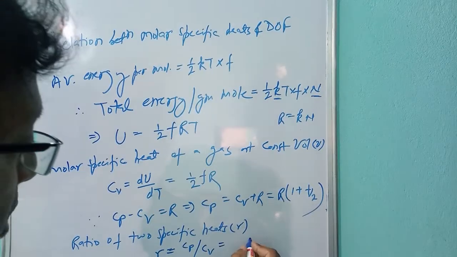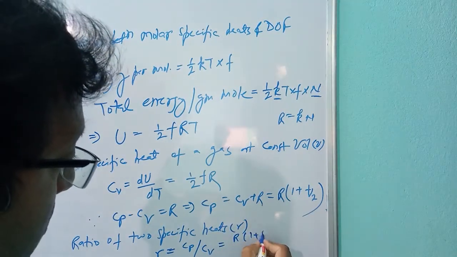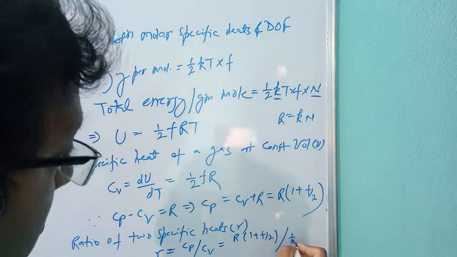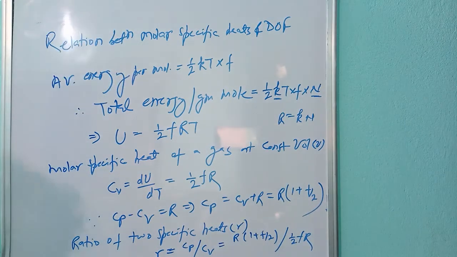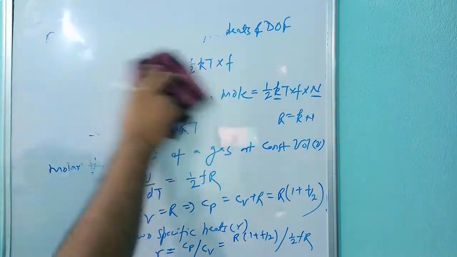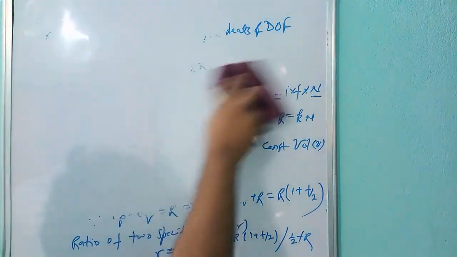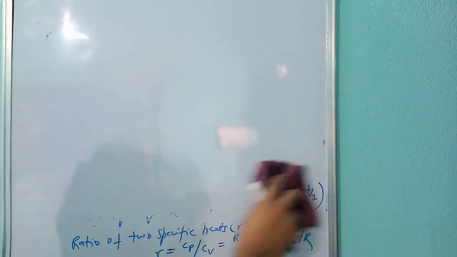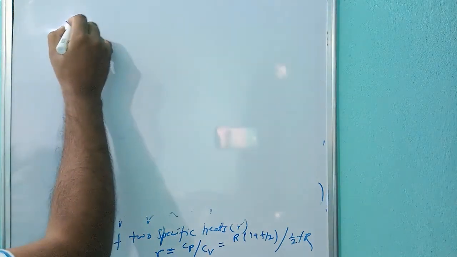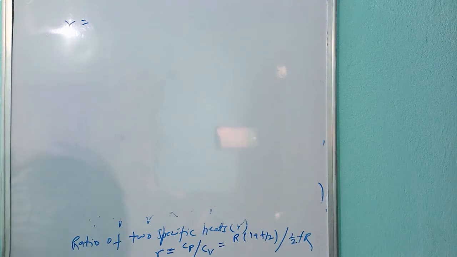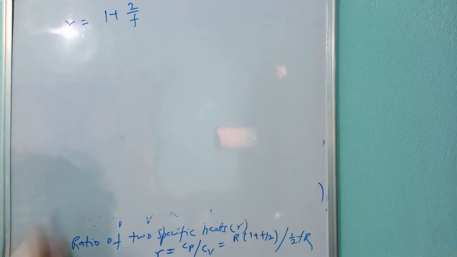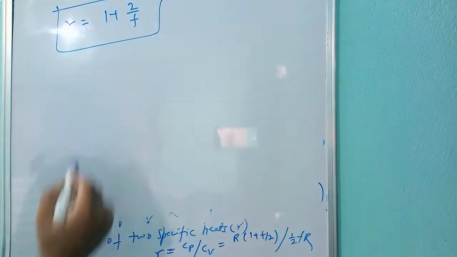And the value of Cp we have calculated here, R times (1 plus f/2), divided by the value of Cv we calculated there, f/2 R. So guys, from here what we got is gamma is equal to 1 plus 2/f.